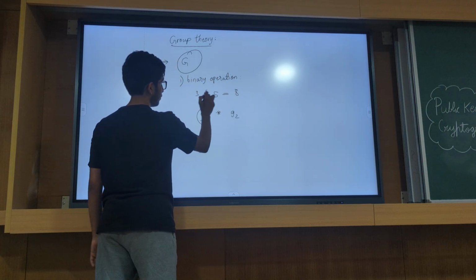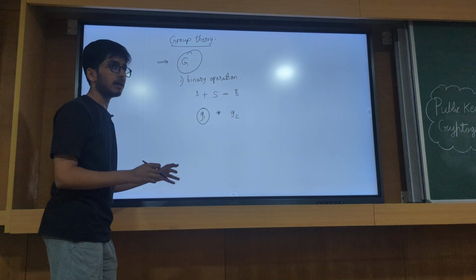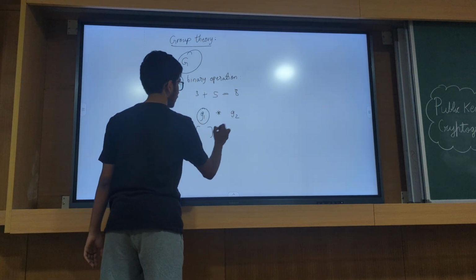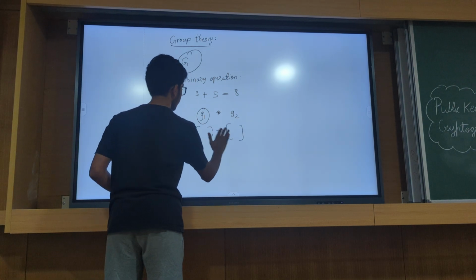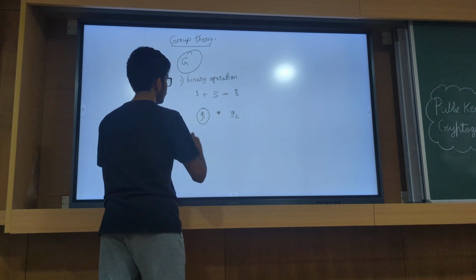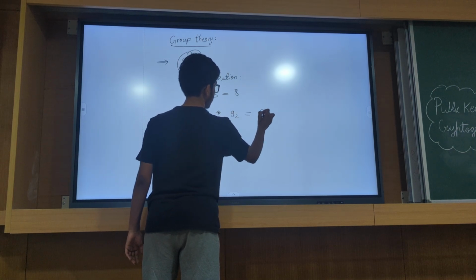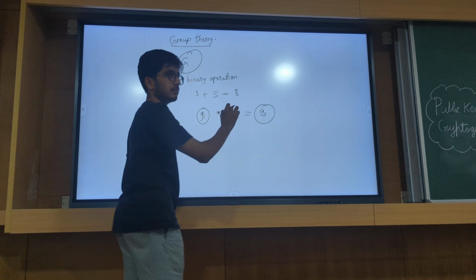For example, 3 plus 5: G1 is 3, G2 is 5, star is plus. Or maybe G1 is some matrix, G2 is some matrix, and star is minus. There can be different interpretations. So G1 star G2 equals G3, where G3 is also an element of this set G.